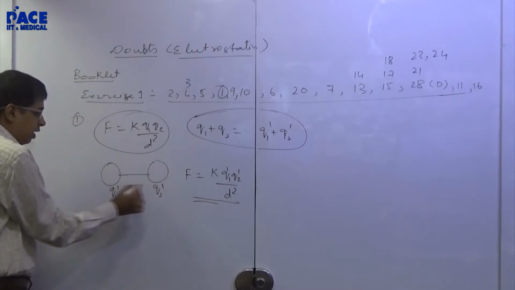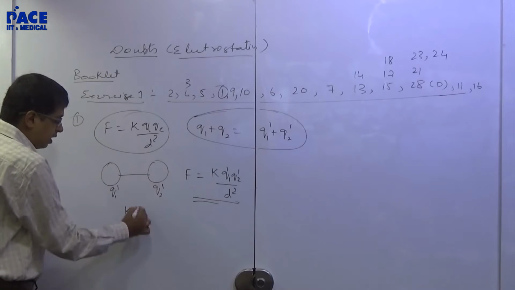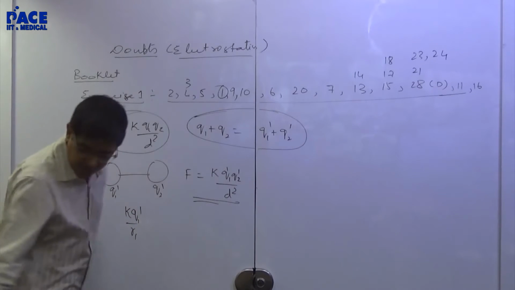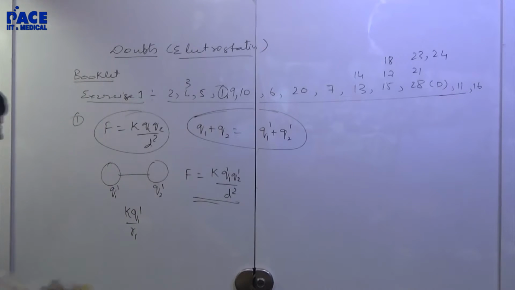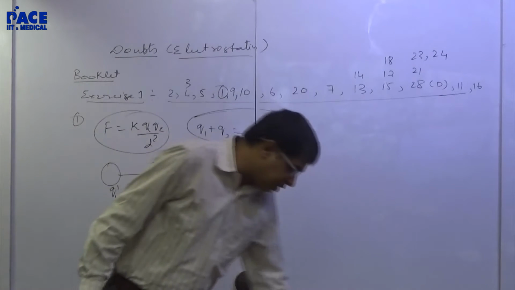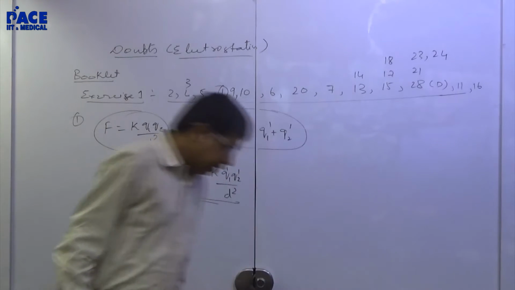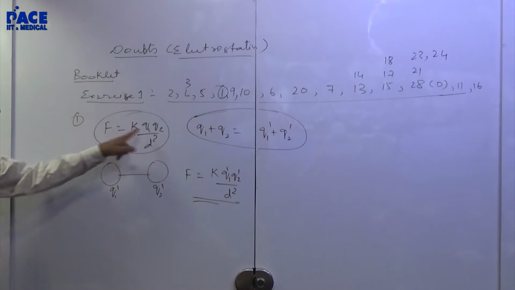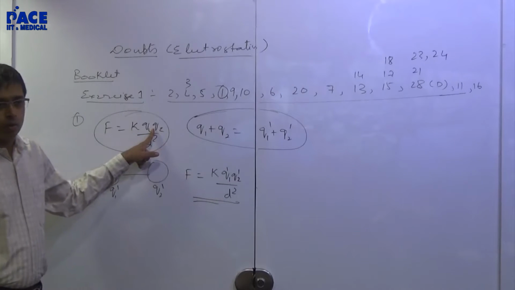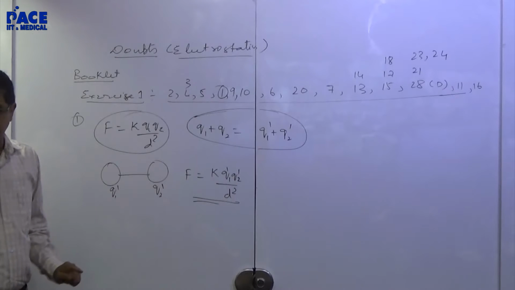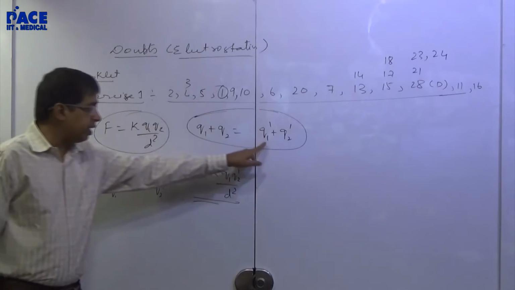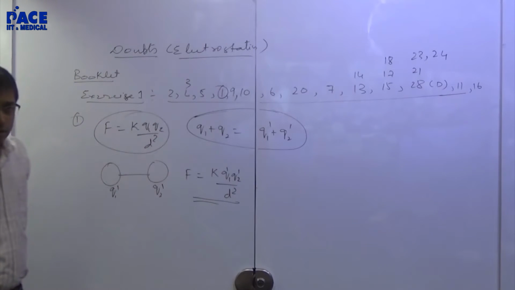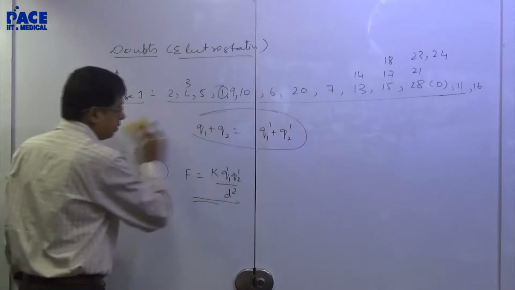Because Q1 dash and Q2 dash will be giving me K Q1 dash by R1, which is not given, which you don't require also. Radius of the two spheres are not given, right? Two identical charges. That means Q1 is equal to Q2. That's it. Three equations and three variables. Q1 equal to Q2 is 1. Q1 dash and Q2 dash are the two variables.